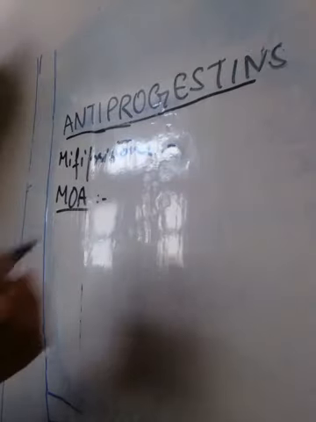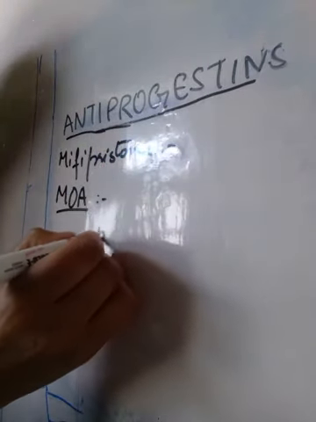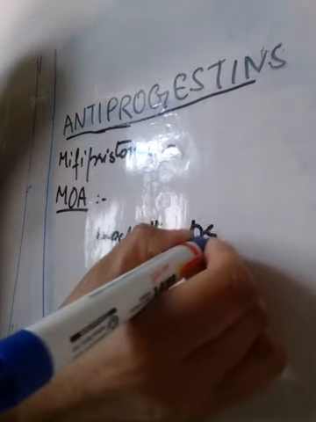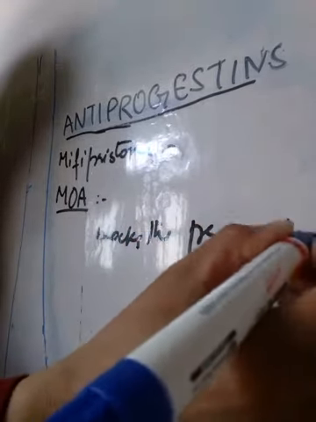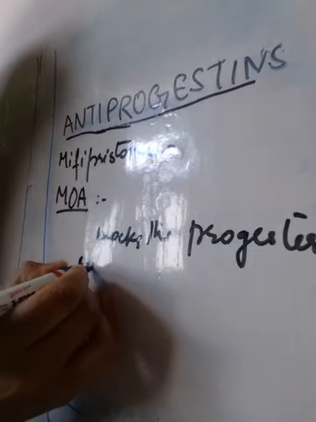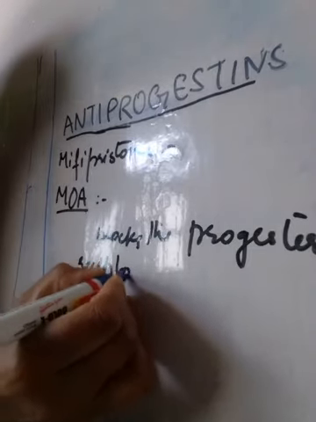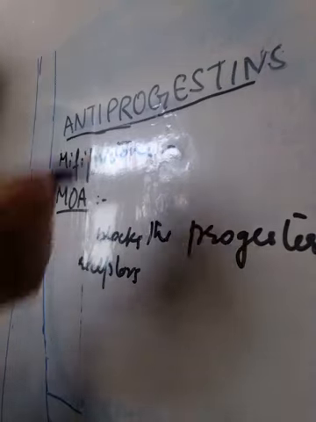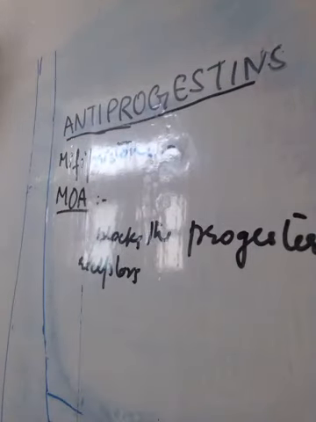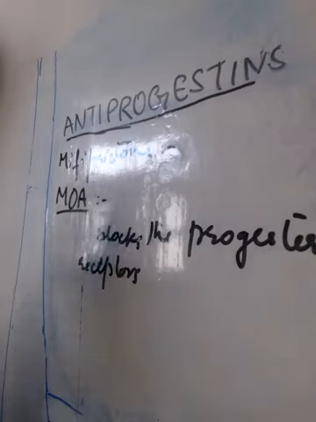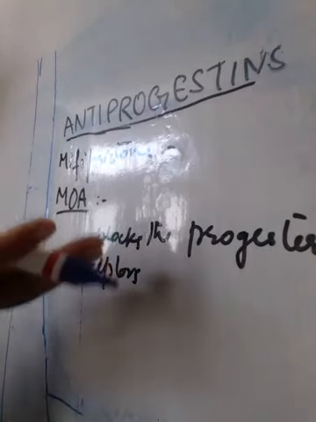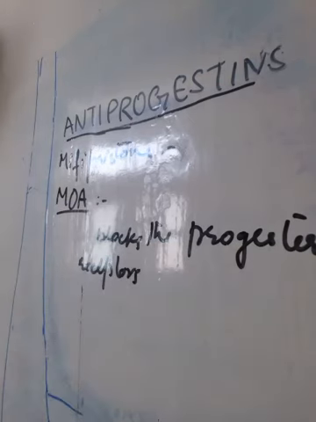It performs its action by blocking the progesterone receptors. It blocks progesterone receptors and avoids the progesterone to perform its function. Since progesterone is the pregnancy favoring hormone, it blocks those actions which will favor pregnancy.